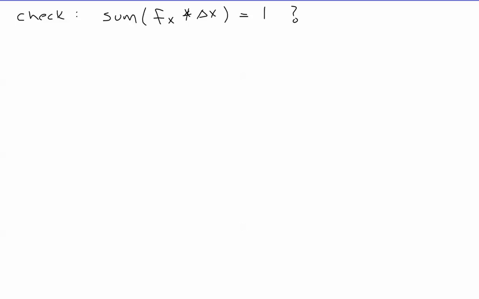If I integrate my probability density function over the range of values that I have, and I multiply that times delta x, I ought to get 1 back. If I don't have 1 when I perform this function, I did something wrong. So, integrate f of x over the range of values, multiply times delta x. Do you get 1? If you do, good. If you don't, you did something wrong. Now that doesn't necessarily mean that you have a smooth estimate of your probability density function. It just means that you're doing the sorting properly and using the histogram function properly.